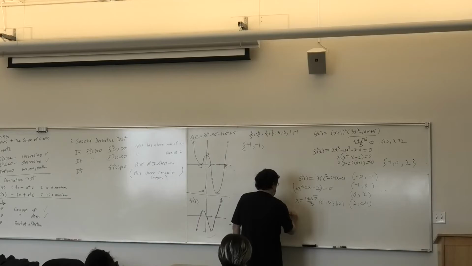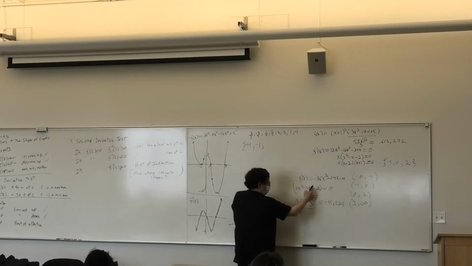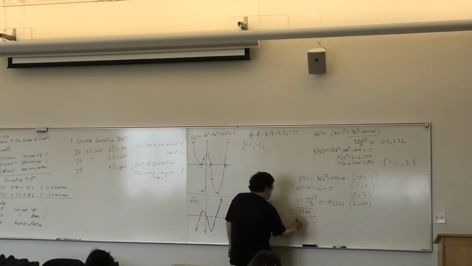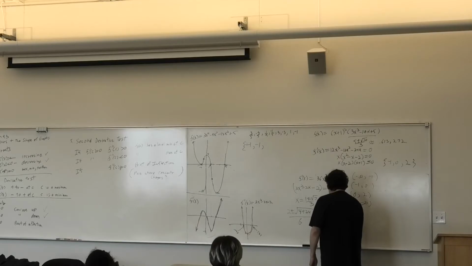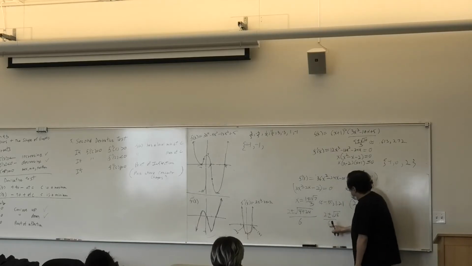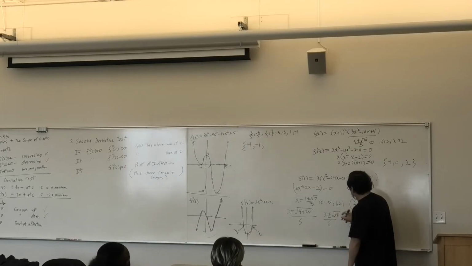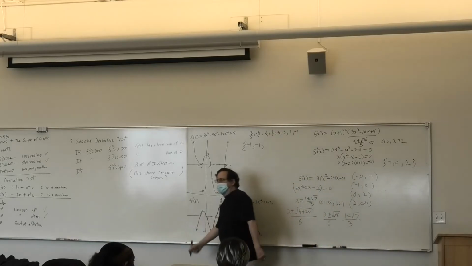Negative b, so that's 2, plus or minus the square root of 4 minus, but since it's a minus, it'll become plus, 4 times 3 is 12, times 2 is 24, over 2a. So it's 2 plus or minus the square root of 28 over 6. I'm going to divide the top and bottom by 2, so I get 1 plus or minus, this is going to be 3, but under the square root I divide by 4. Oh. Okay? Cool. All right, any other questions?